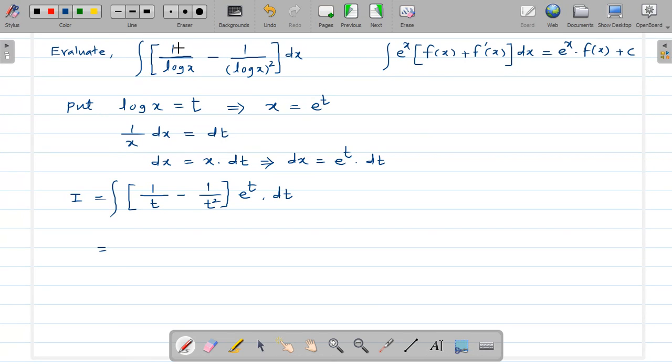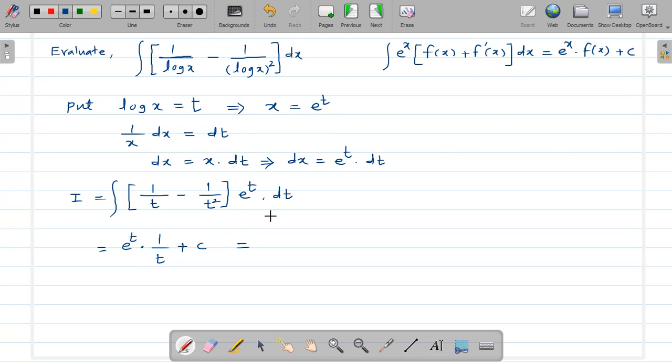So after the substitution method, we get the combination in the form of this result. The original integration is 1 upon log x minus 1 upon (log x) squared. But if you put log x equal to t, then we get the required form, and hence its integration will be e raised to t into f of x, here 1 upon t, plus constant.